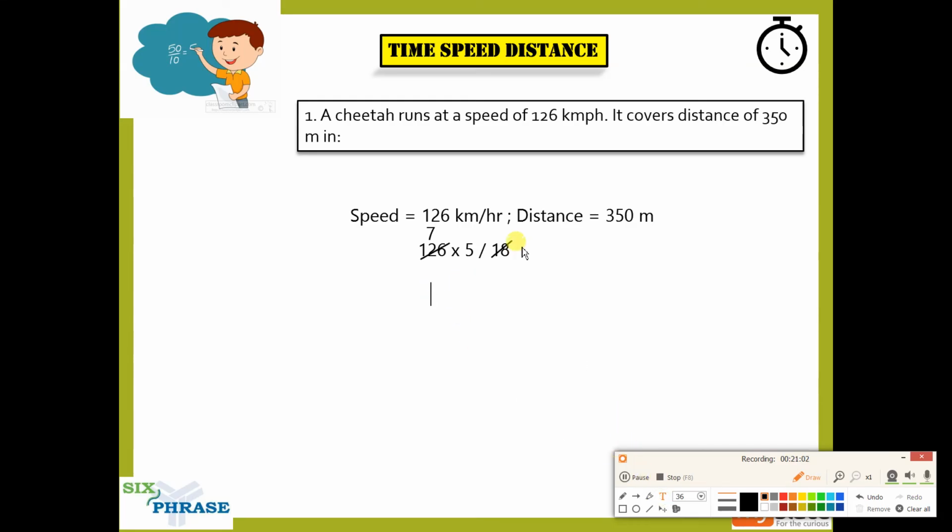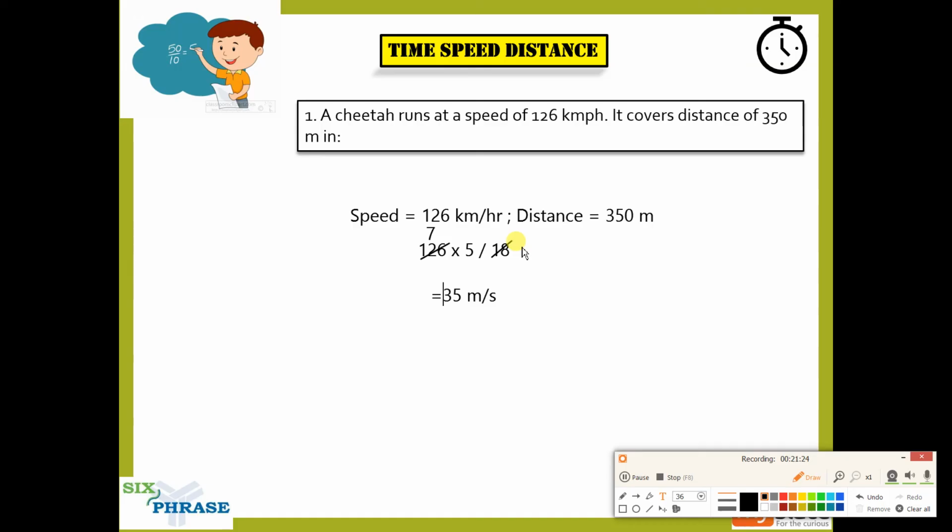So 126 kilometers per hour is the same as 35 meters per second. You can say either 126 kilometers per hour or 35 meters per second. Both identify the same quantity.